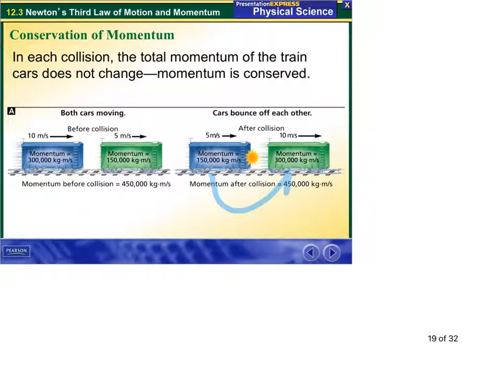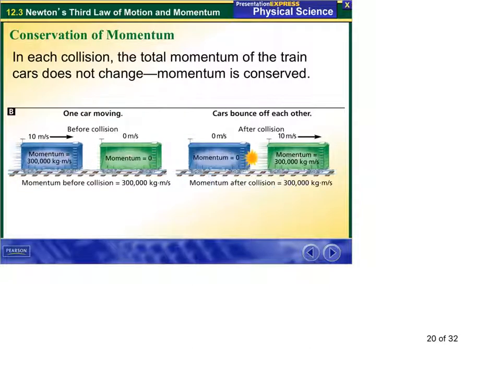Now the blue one has 150,000 and the green one has 300,000, but the total remains the same, 450,000. There's one where the green car was not moving, the blue car was. They collide, and all the momentum is transferred from the blue car to the green car. Total momentum remains 300,000. Now the blue car is stationary and the green car is moving.